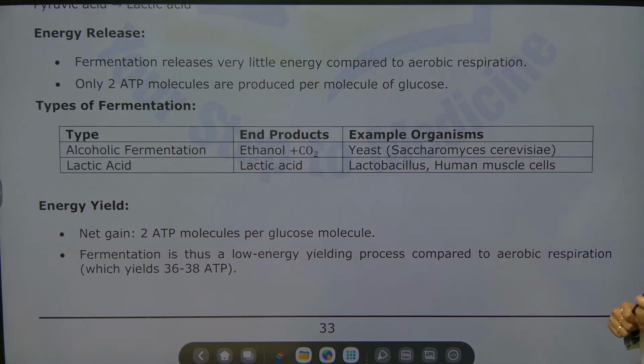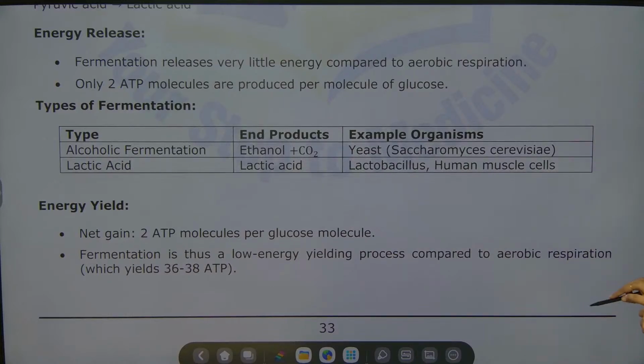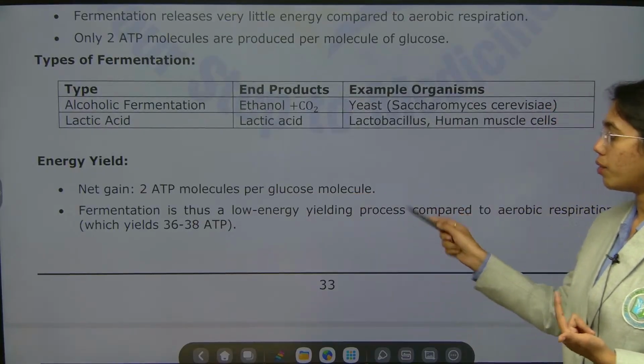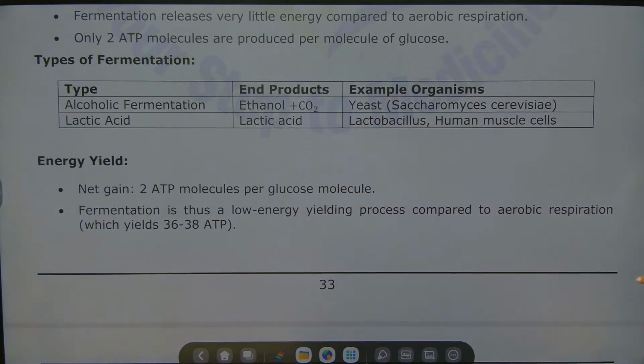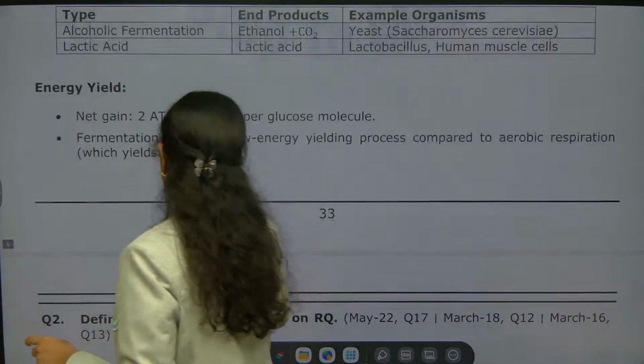Example you can see is yeast, Saccharomyces cerevisiae. For lactic acid, examples you can take are Lactobacillus and human muscle cells. Energy yield, net gain is 2 ATP, and fermentation is thus a low energy yielding process compared to aerobic respiration, which yields around 36 to 38 ATP.